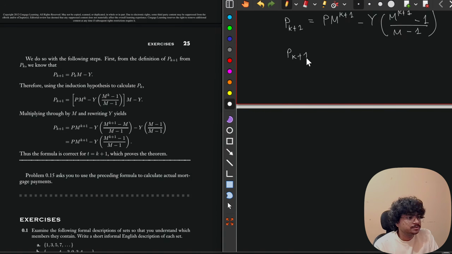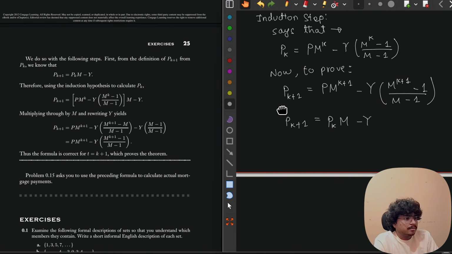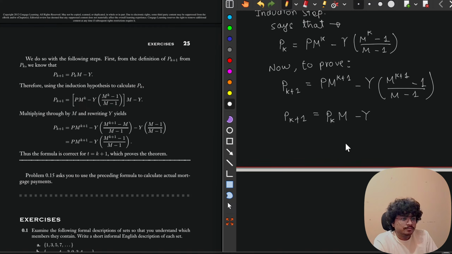So I can say that P_(K+1) equals P_K M minus Y. Therefore, we use the induction hypothesis to calculate P_K. We simply expanded P_K.